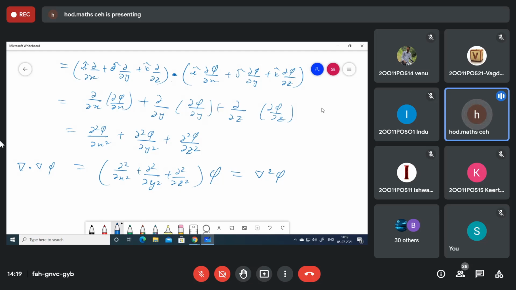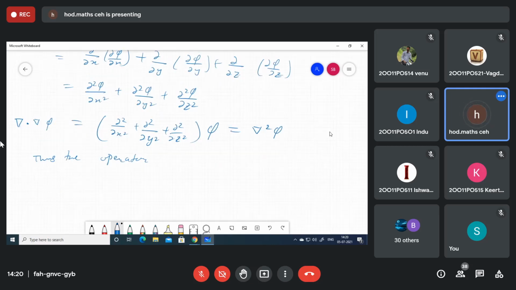So I can write the operator del square, if you compare, is defined as dou square by dou x square plus dou square by dou y square plus dou square by dou z square, and this is called the Laplacian operator.